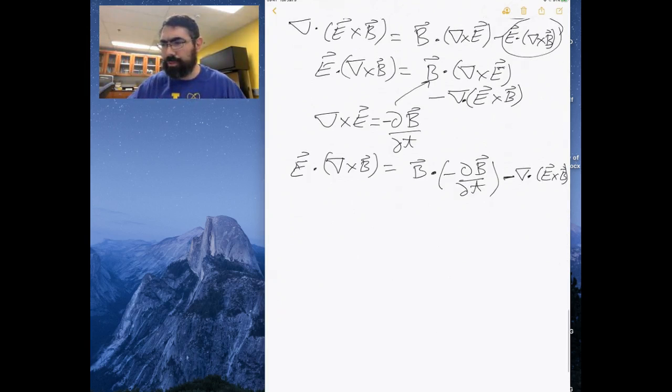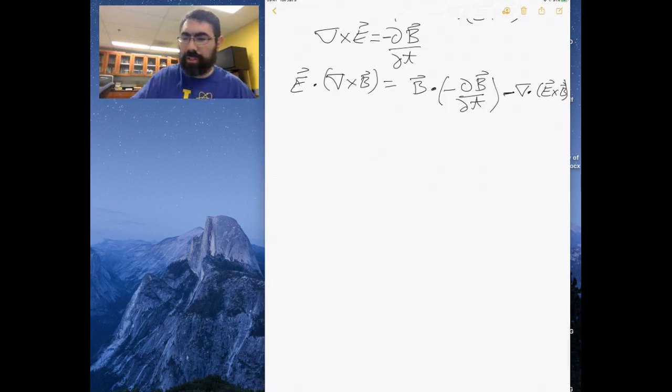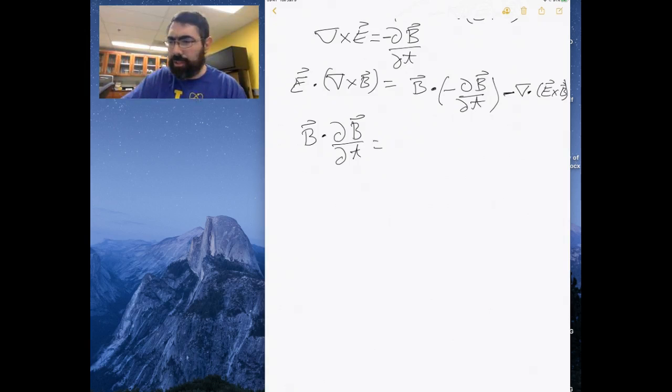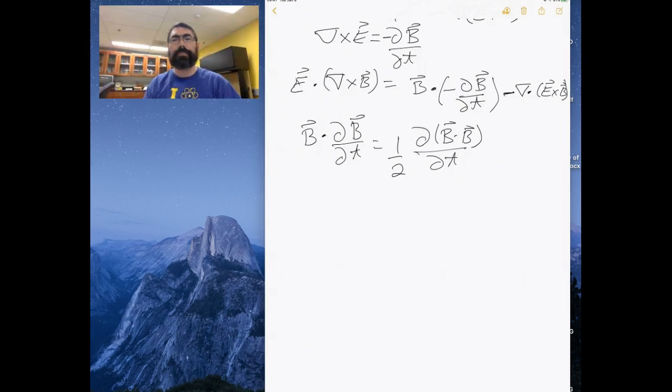We could reduce it further by saying the magnetic field dotted into the time derivative of the magnetic field would be the same thing as taking the derivative of B squared, so B dot B, and then putting in a 1/2.